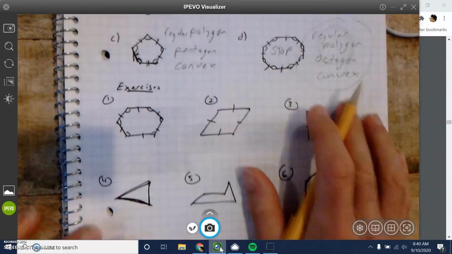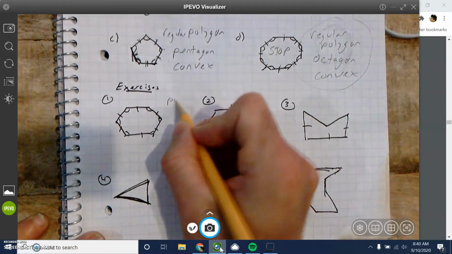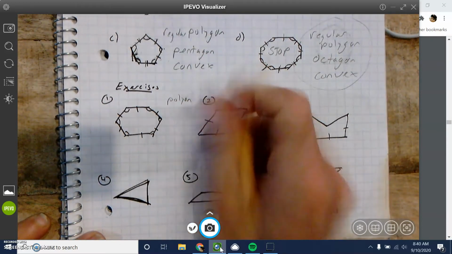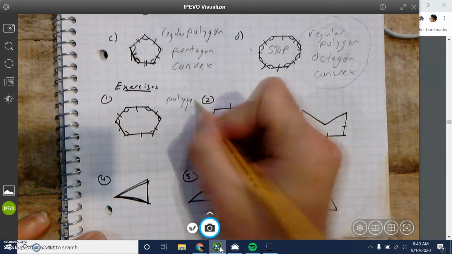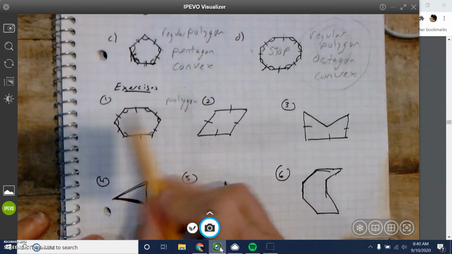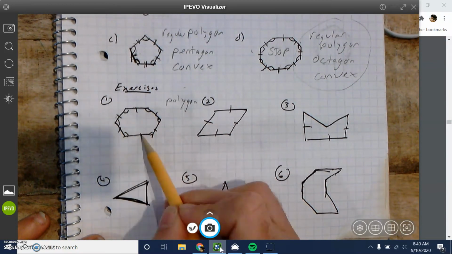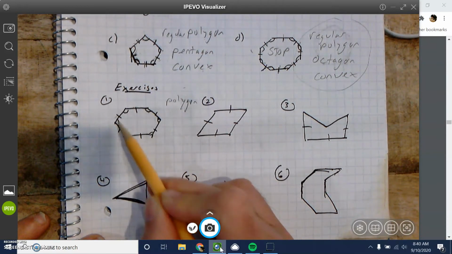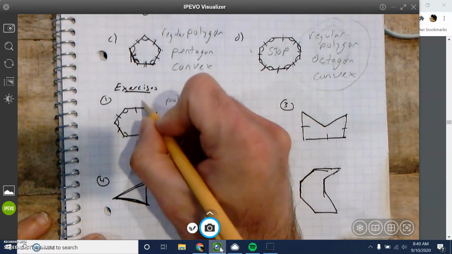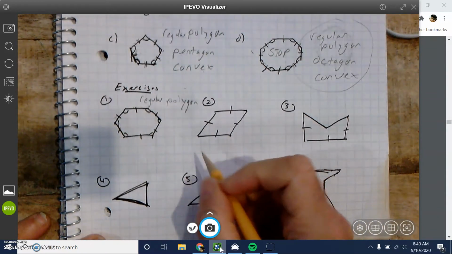Here are my pictures. This one is a polygon because it's a closed figure with all straight sides, okay. Are all the sides congruent? Yes, because they have the same mark. Are all of the angles congruent? Yes, because they have the same mark. So this is called a regular polygon. Okay.